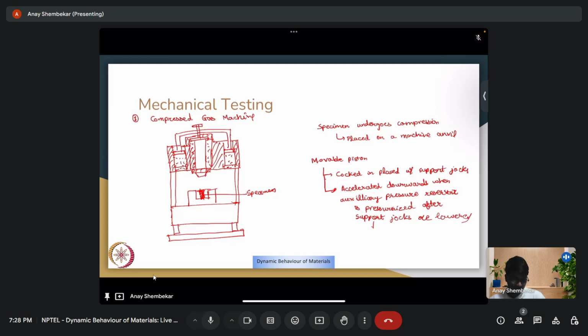As a result, the specimen is impacted and undergoes compression.